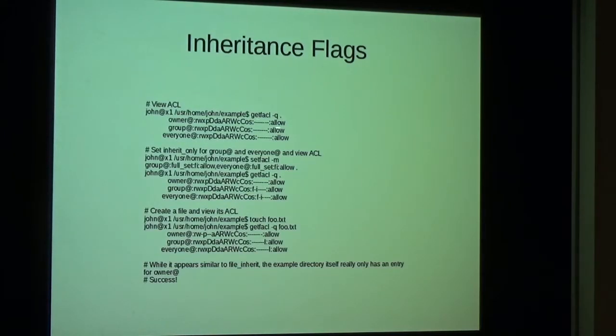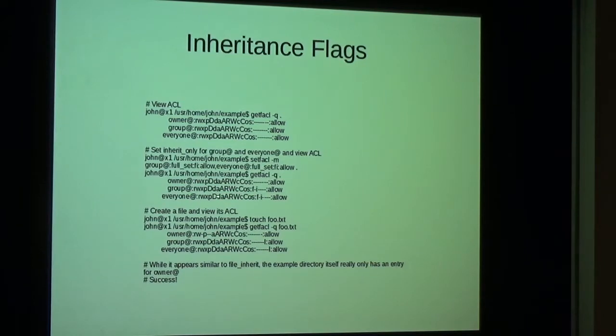So here I have a directory with the full set of access permissions, and then I set inherit only for group and everyone. Essentially, the only ACL entry on this directory is this one that will apply to this directory.